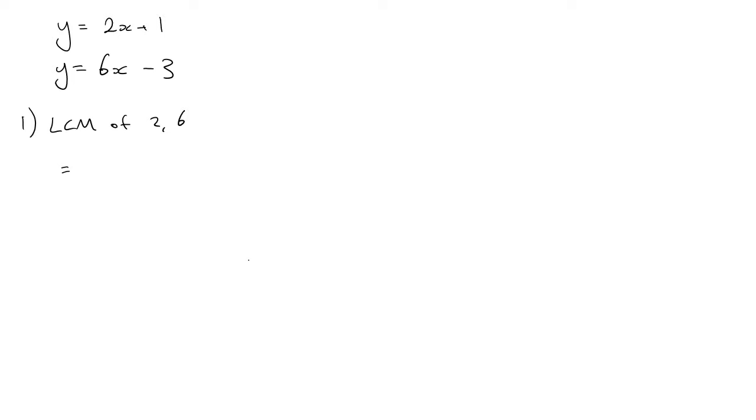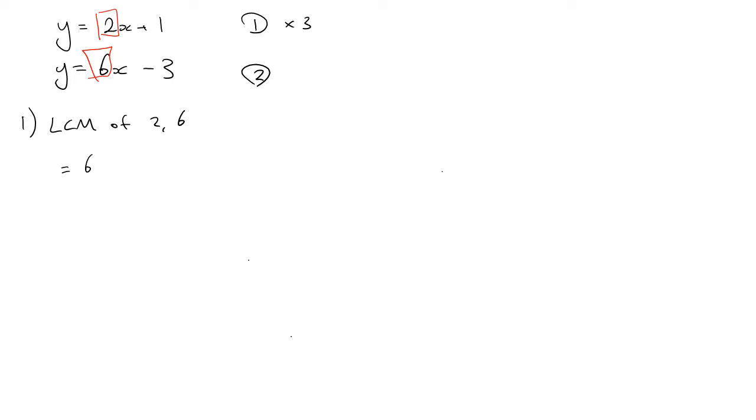In this case, the LCM of 2 and 6 is 6, because 2 times 3 is 6 and 6 times 1 is 6. So if we call this equation 1 and that equation 2, we need to times 3 to equation 1 to get the leading coefficient equal to 6, because 2 times 3 is 6. And to the second one, we don't have to do anything because our coefficient is already 6.